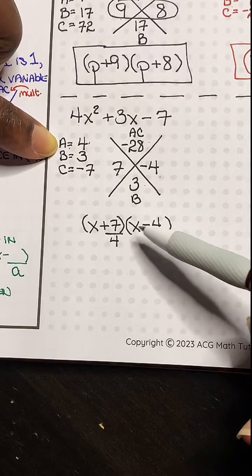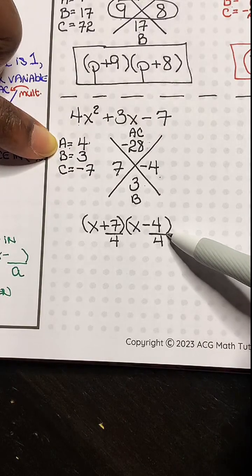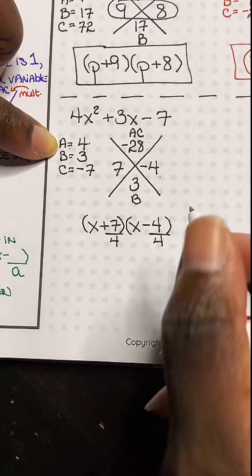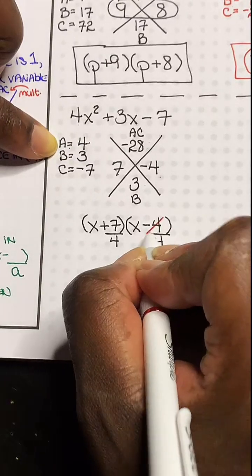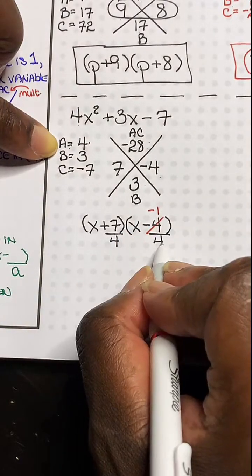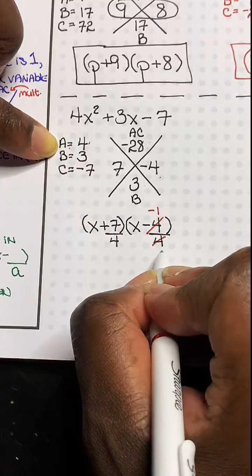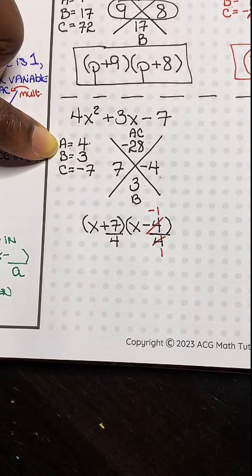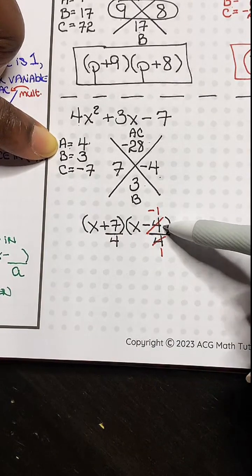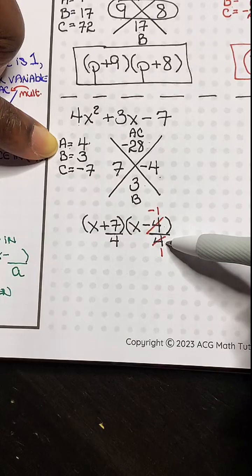All right, I'm going to the second parenthesis. -4 and 4, well, they have 4 in common. -4 divided by 4 will give me a -1. 4 divided by 4 will give me a 1. Okay, I was able to reduce the -4 over 4.